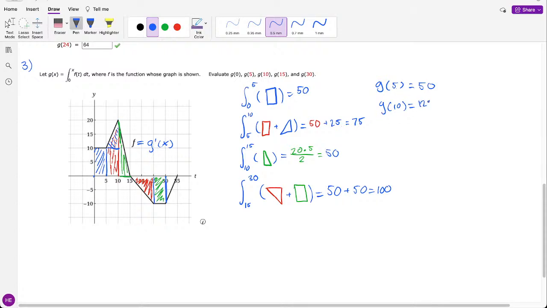So that's 125. And then the next one, g of 15, equals 50 plus the 125, so that's 175. And then we have g of 30, which the integral from 15 to 30 was 100, so we add that and we get 275.